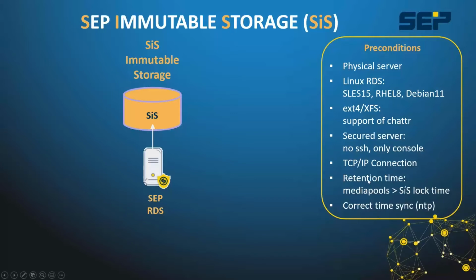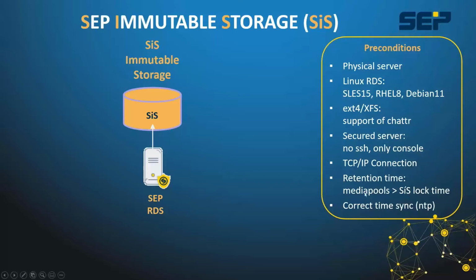Then we have a retention time precondition. You know that an immutable storage locks your data for a specific retention time, and you can configure this time. That's the SIS lock time. And you have another retention time with your media pools, which specifies how long you will keep your backups.